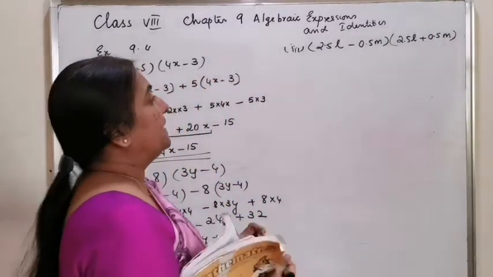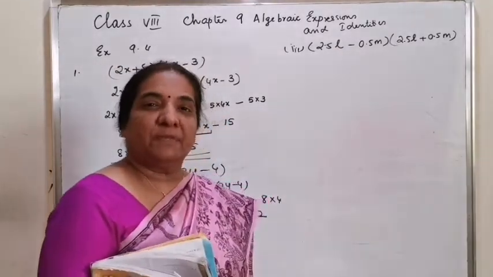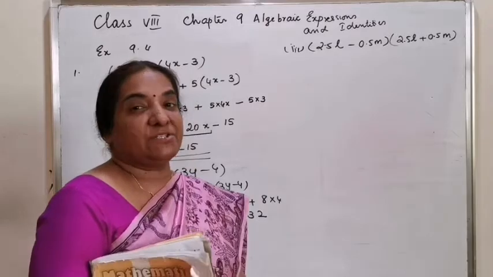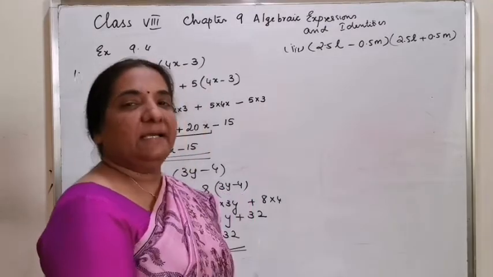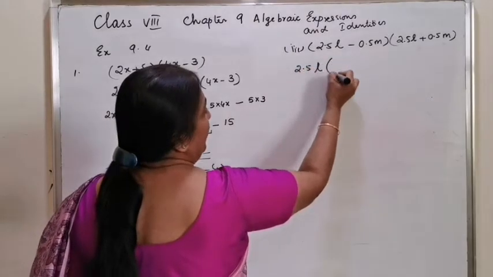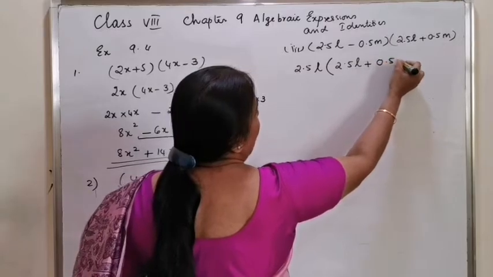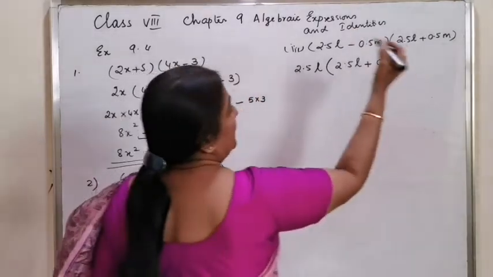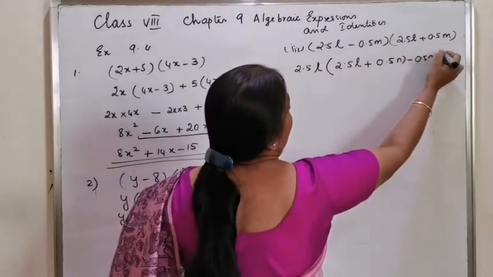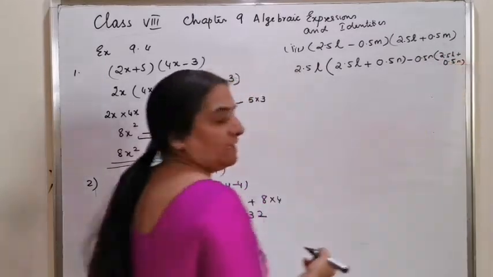If you look into that, it is like an identity, A minus B into A plus B. You can apply in the exam as A square minus B square, or let us expand it normally as 2.5L into 2.5L plus 0.5N, minus 0.5N into 2.5L plus 0.5N.